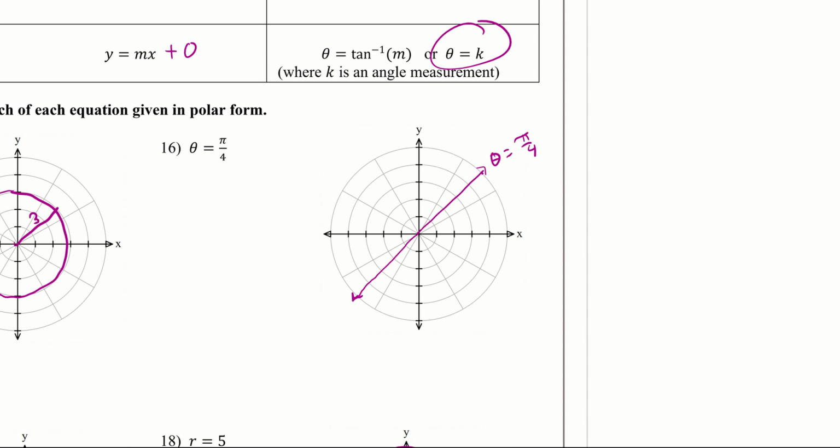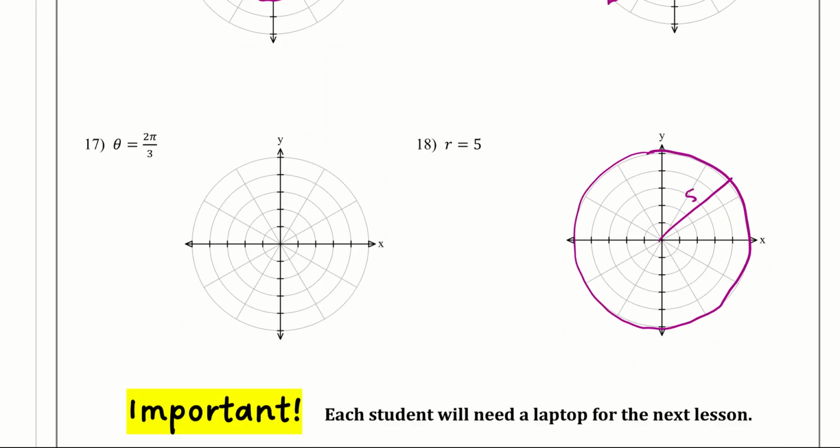All radii would be included there. If I look at theta equals 2 pi over 3, that would be the line that goes through the position 2 pi over 3. Well, 2 pi over 3 is right here as the position, but I would want to use all radii along that angle, including negative radii, so it would go back in both directions. This is theta equals 2 pi over 3.